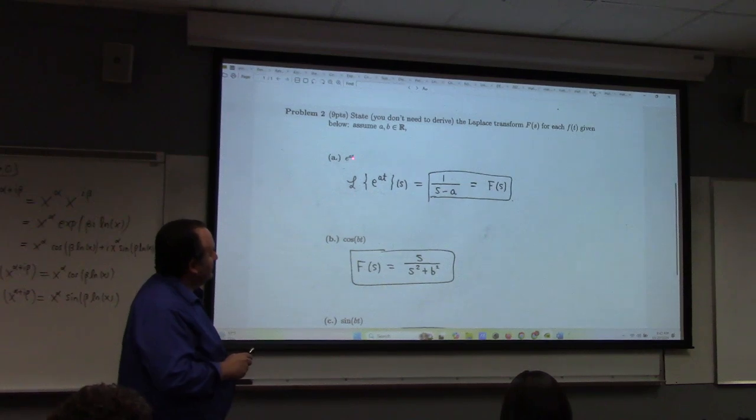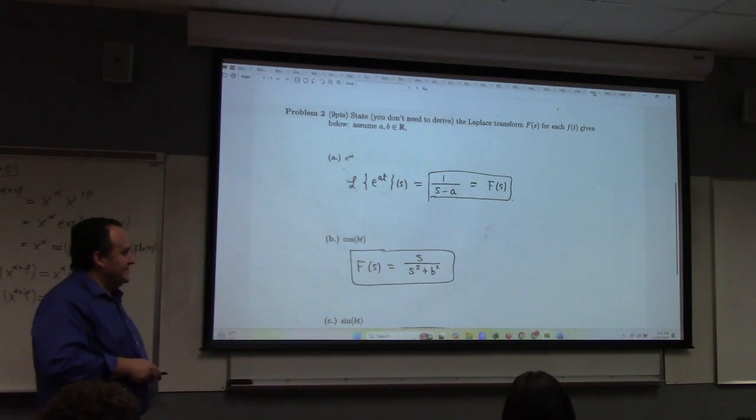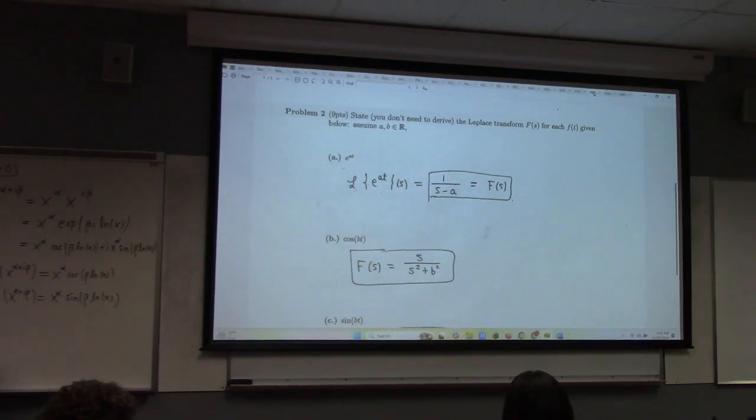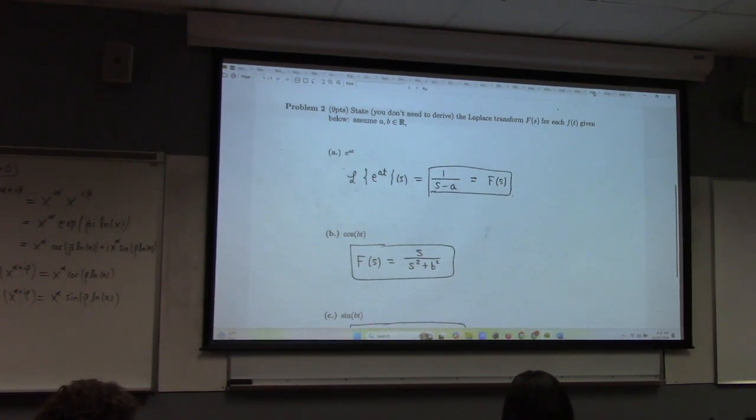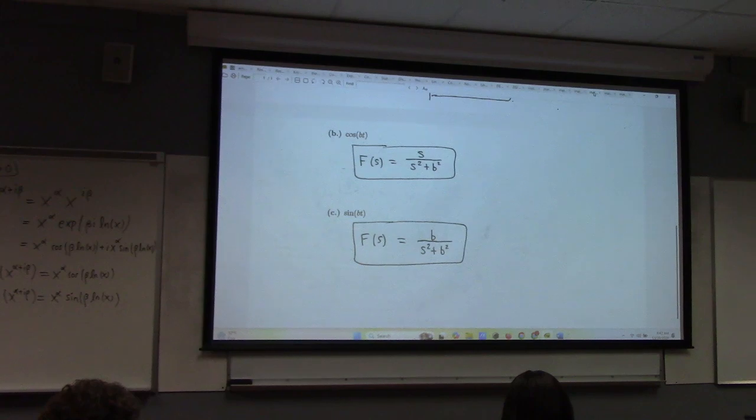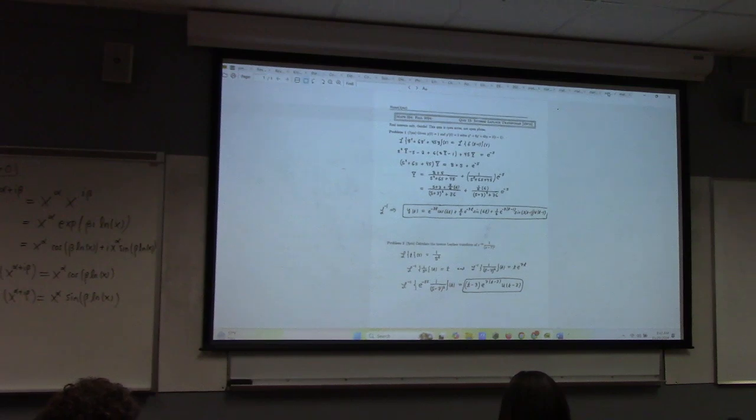So the Laplace transform of this is that. Laplace transform of this is that. Laplace transform of that is that. All right, well, great. So we worked these out that day. Where am I? Then we're back to 13.